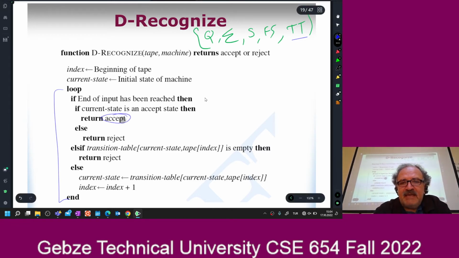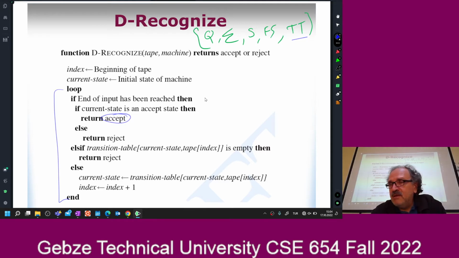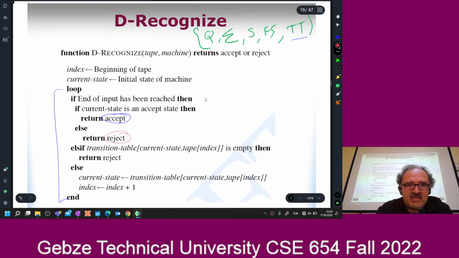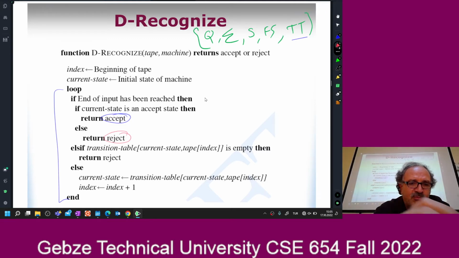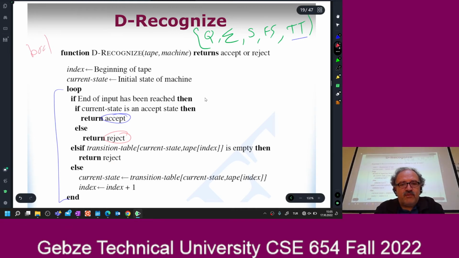This is the happy ending. Otherwise, reject. This function returns a Boolean, accept or reject, true or false.